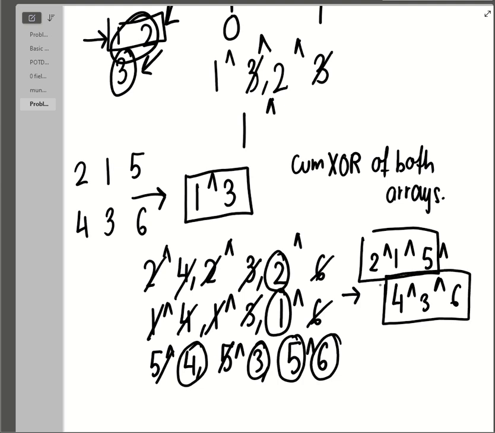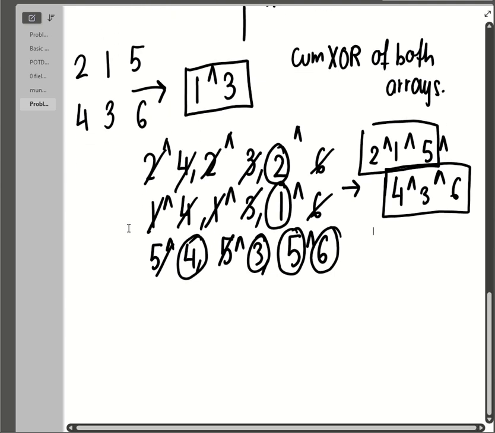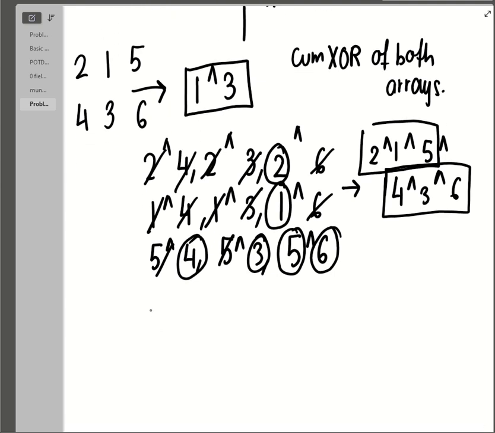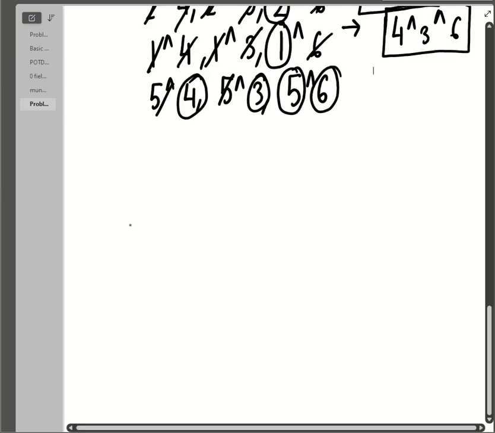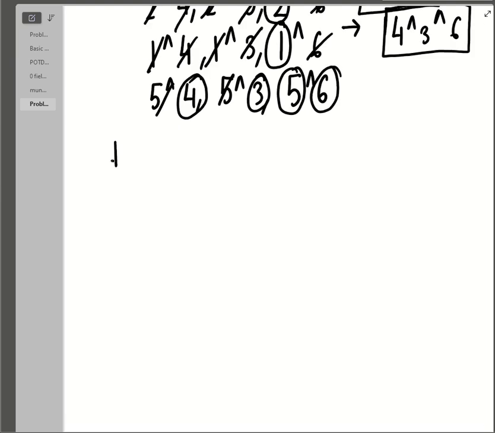And one very clever way of solving this problem would be, what if we pre-compute the cumulative XOR? We just have two arrays, nums1 and nums2.